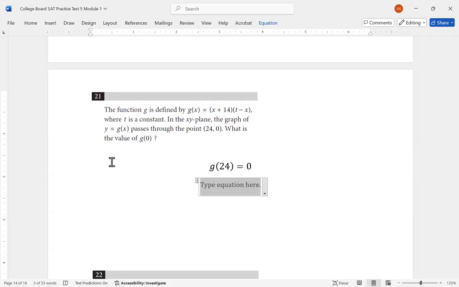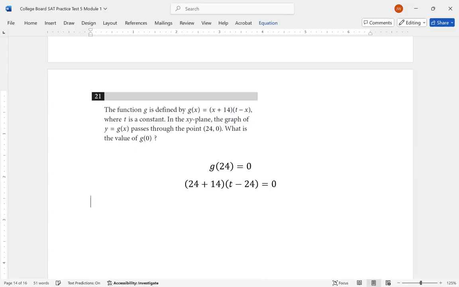So this means that this expression of x plus 14 times t minus x, when I plug in 24 for both values of x, I should end up getting a 0.